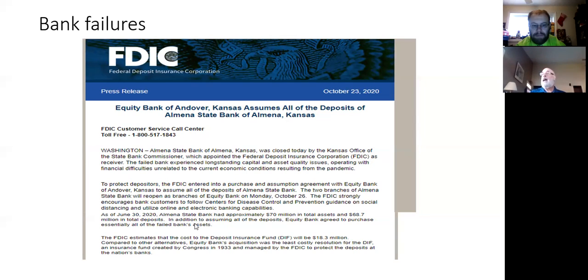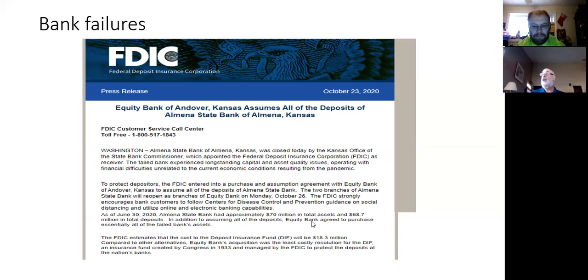And then it says the bank had approximately 70 million in assets. And I believe it says here somewhere that the Equity Bank agreed to purchase essentially all of the failed bank's assets. And the FDIC believes it will lose $18.3 million.